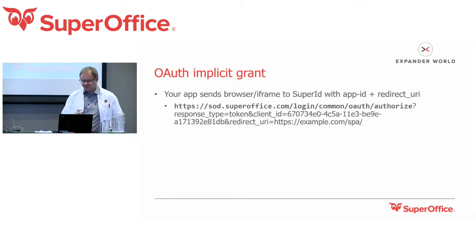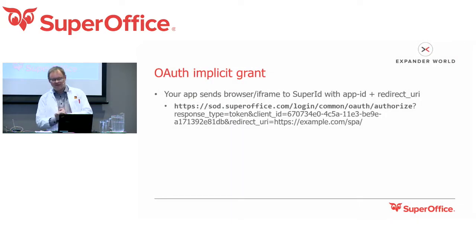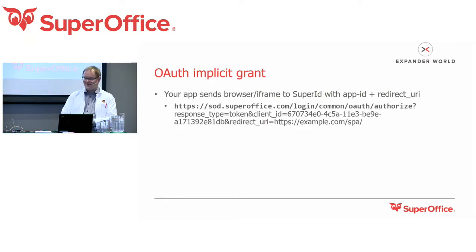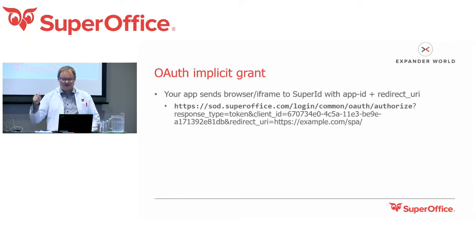Okay, so implicit flow. I went through this last year, but I'm sure you've all forgotten how it works. You basically start off by going to SuperID, asking for authorization, and you say, I want a token back.